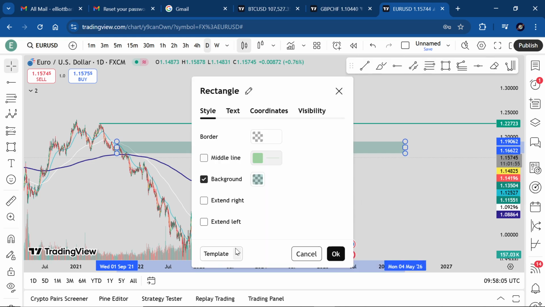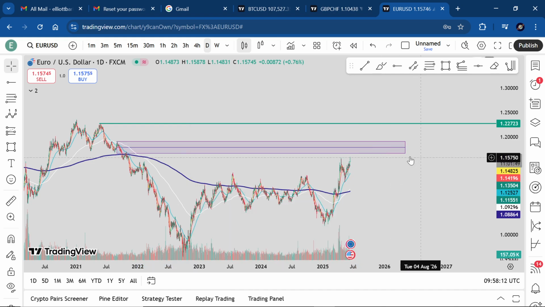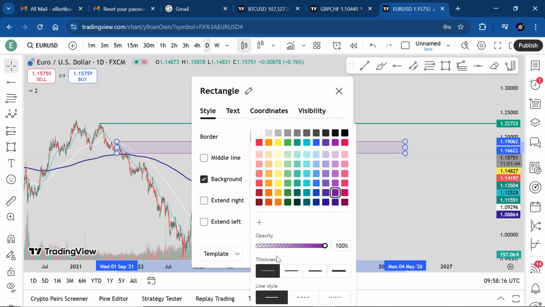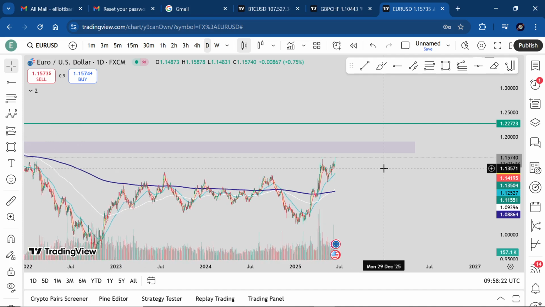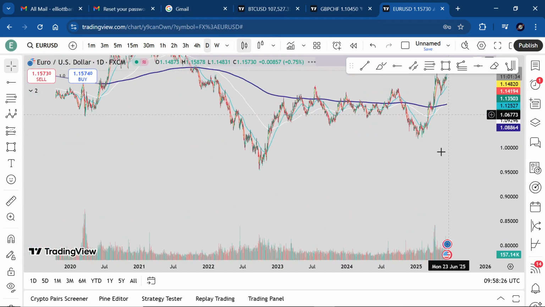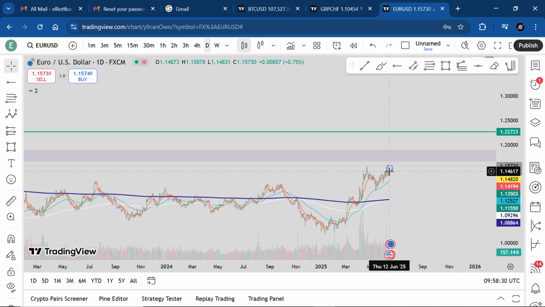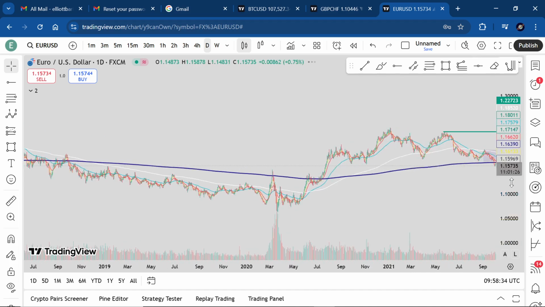Currently, this could be the place where price, I'm not used to not having my, oh, this is annoying. Anyway, this is a great place for price to distribute, drop down a bit, and give us our continuation back up.